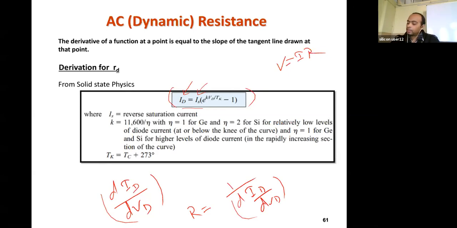Because 1 by dID by dVD is the same as dVD by dID, which is in terms of V by I, and V by I means resistance. So my aim is to differentiate this equation with respect to VD and then take its reciprocal. That will also give me the AC resistance.